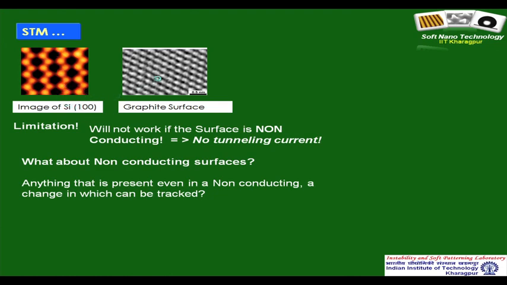So, with STM you can achieve excellent resolution, like you can see the lattice plane of silicon, and this is a graphite surface. The limitation is STM will not work for non-conducting surfaces, because you need tunneling current.